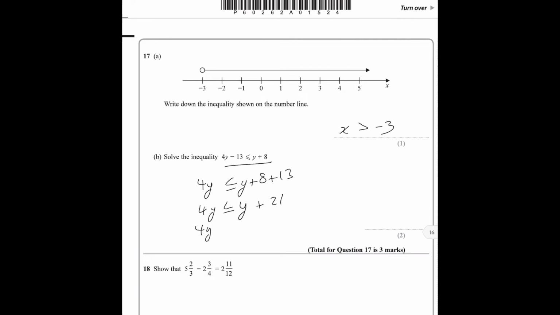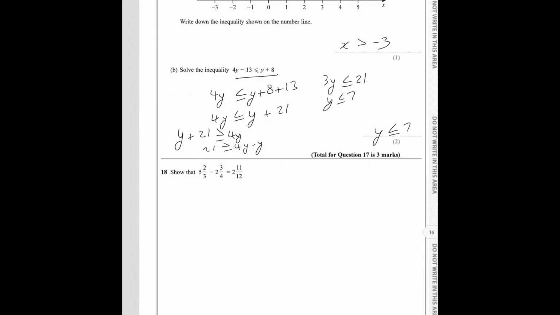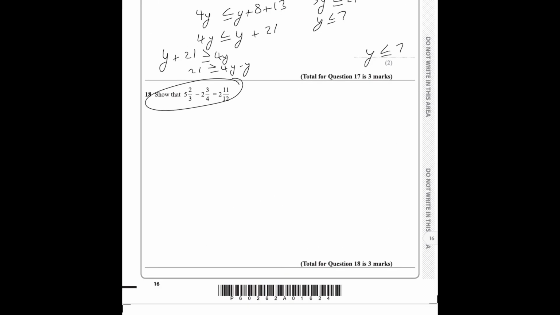So you have 4y, and we're just going to rearrange this equation. So 21 greater than or equal to 4y minus y, that is 3y should be less than 21, y is less than 7, and that is y is less than 7.